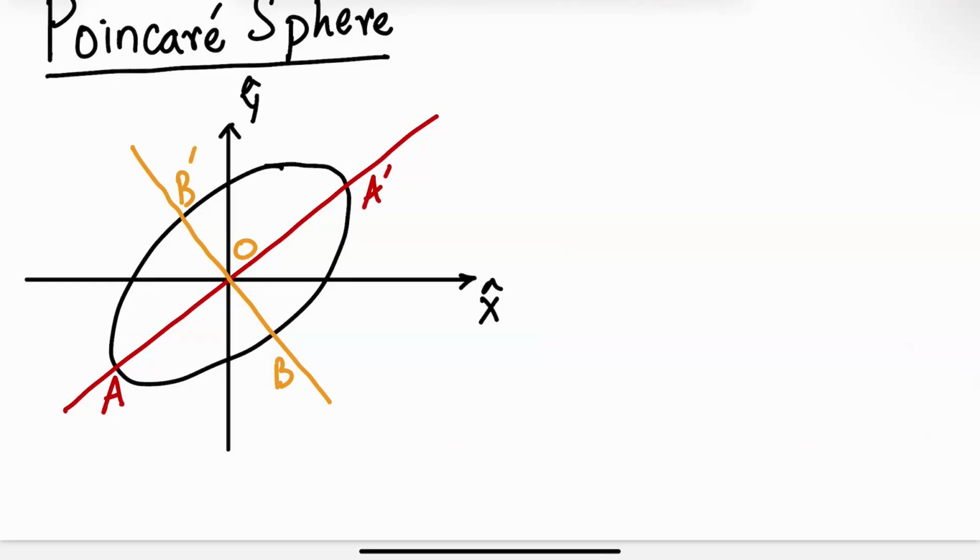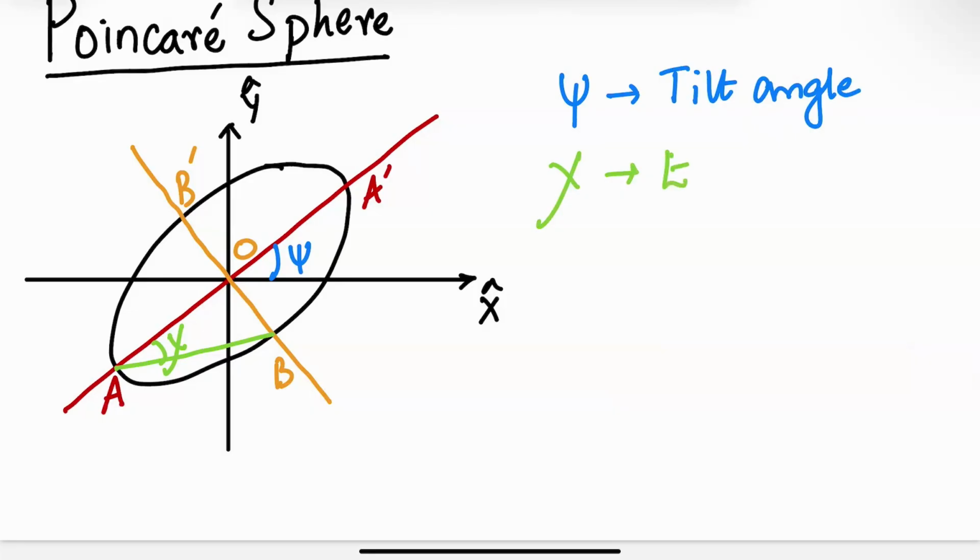This is an angle which we'll call chi, and we have another angle, which is this one, we'll call psi. So psi is the tilt angle, and chi is called the ellipticity angle.